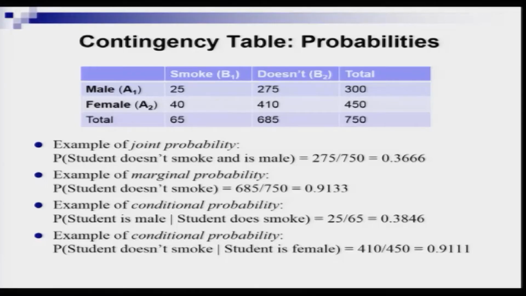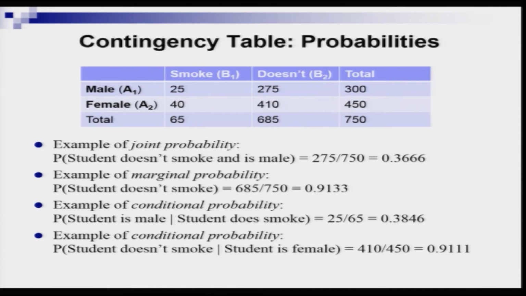Now, based on this probability theory brush up, let us see how these probability concepts, joint, marginal and conditional, can be useful to compute various probability measures from the hypothetical contingency table that we have shown you earlier. Let us look at the contingency table again.